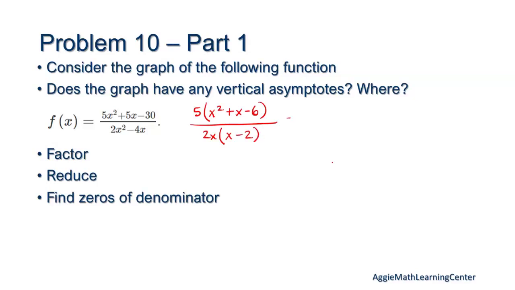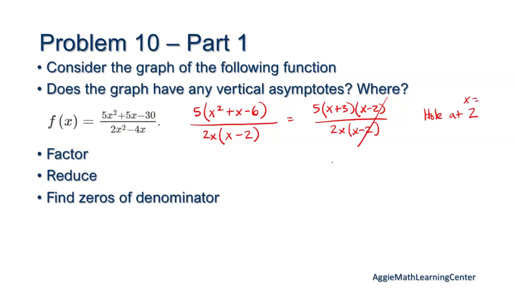We can factor even further: x plus 3, x minus 2, and we still have the same in the denominator, x minus 2. So we notice, first of all, that we have a term in the numerator that's the same as the denominator. So that divides to 1. And we have a hole at x equals 2.